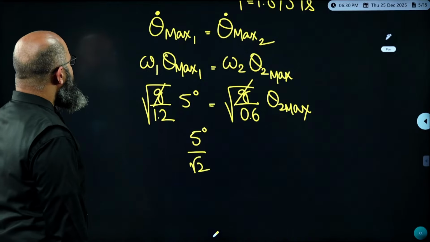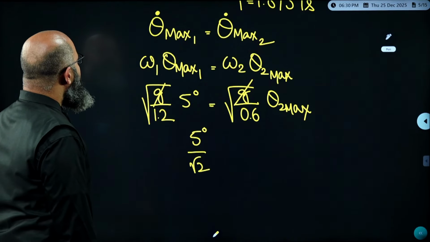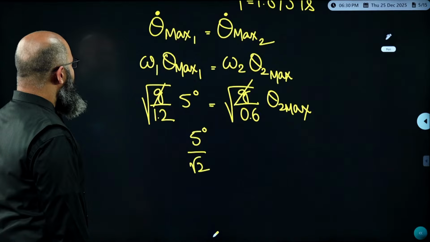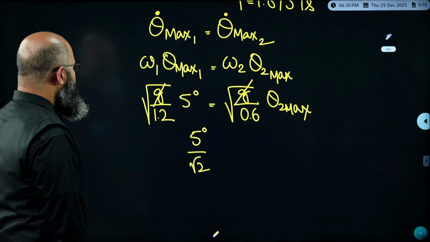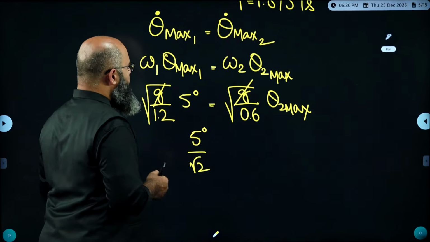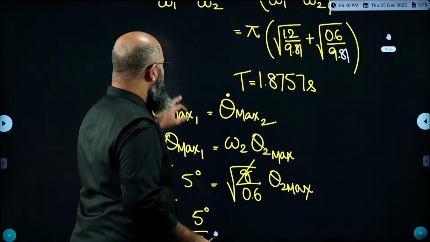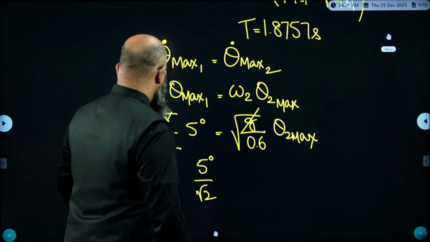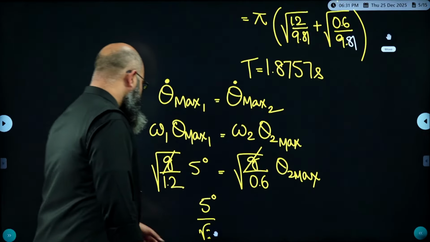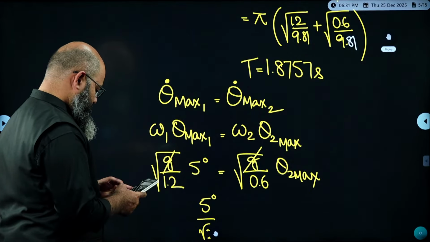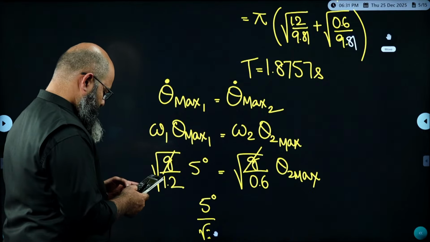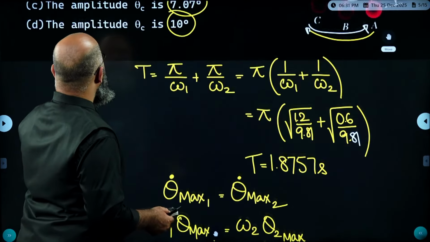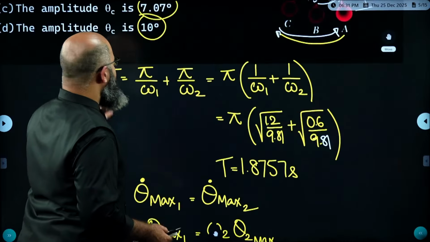Okay, this value if you compare, 3.53 I'm getting. 3.53 is not present over here, so neither one of them is the answer.